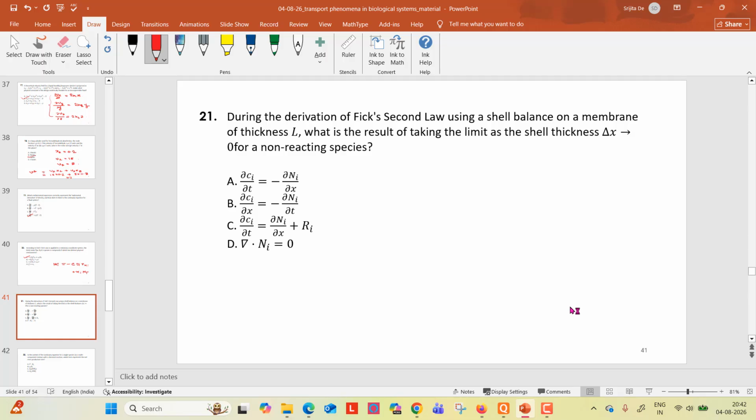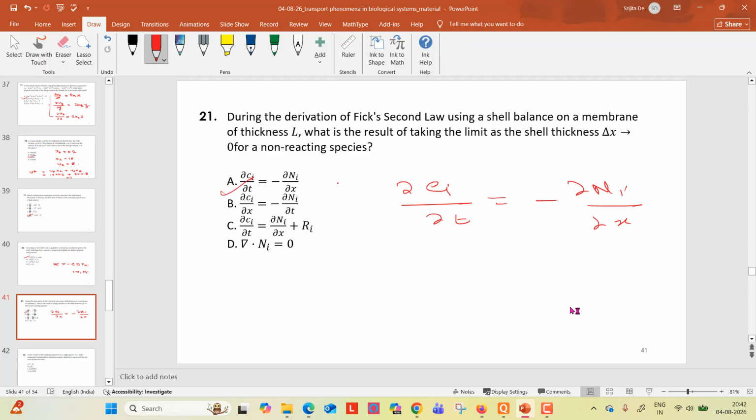It is del Ci del T equals minus del Ni del X, right? It is option A.